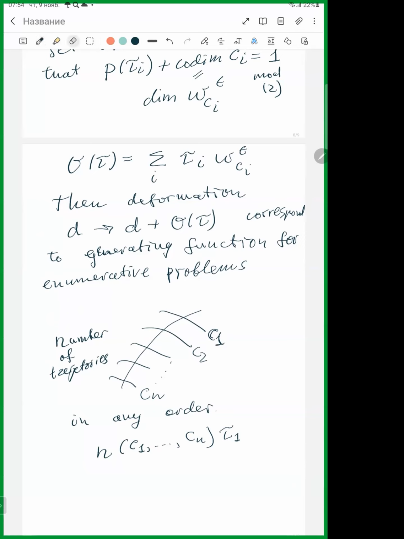Let me write it in this way. And I construct this generating function.